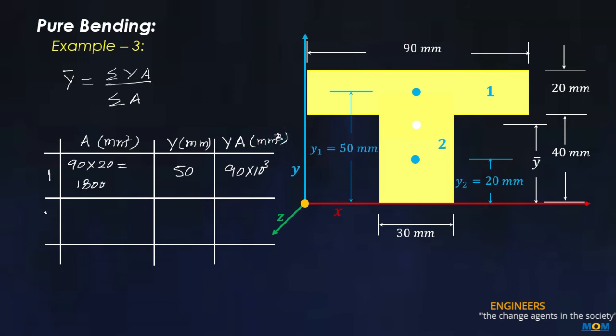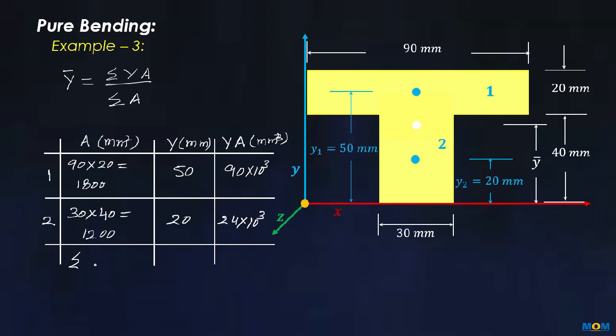Now our second bar, the width is 30 millimeter, multiplied with height 40 millimeter, that comes out 1200 millimeter square, and the centroid of this bar is 20 millimeter, and the product 20 multiplied with 1200 comes out 24 into 10 raised power 3 millimeter cube.